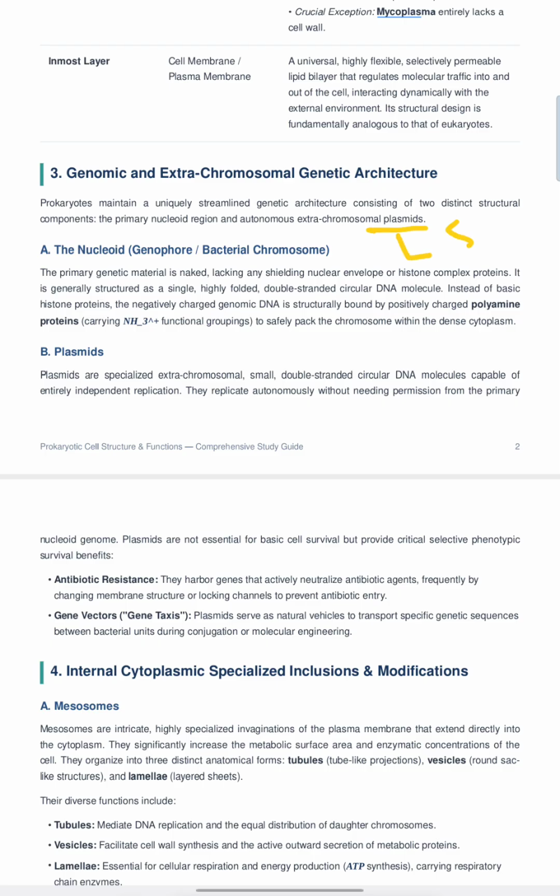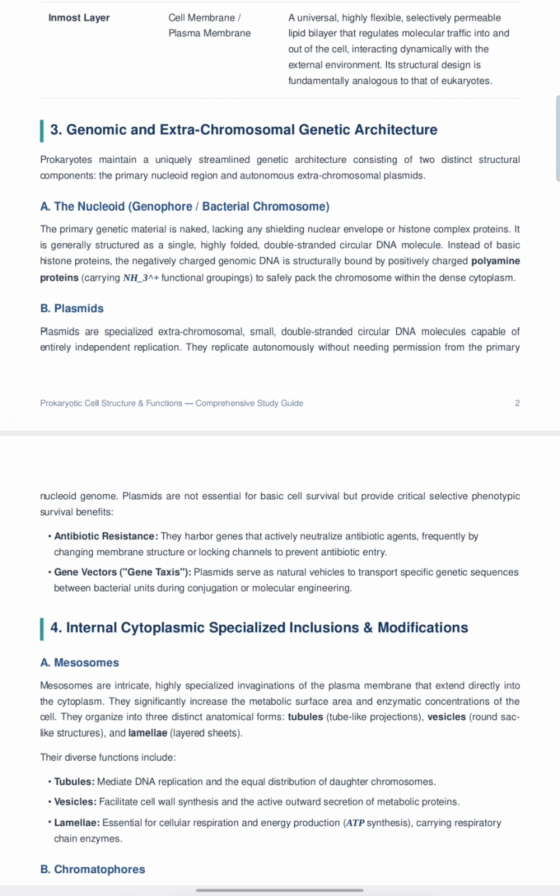Plasmid means small, circular, naked DNA. Nucleoid is the region where the primary genetic material is present; it is naked, lacking the shielding nuclear envelope or histone complex proteins.